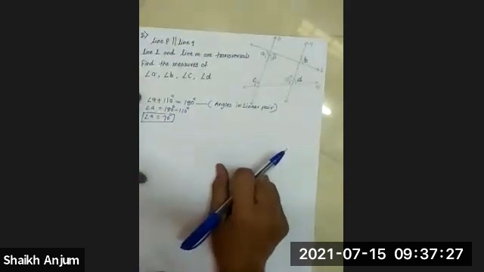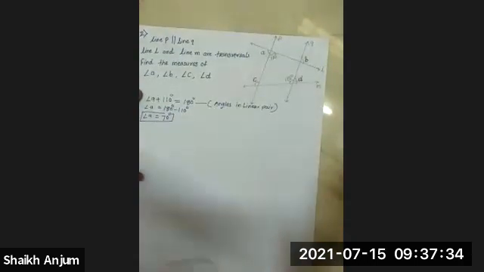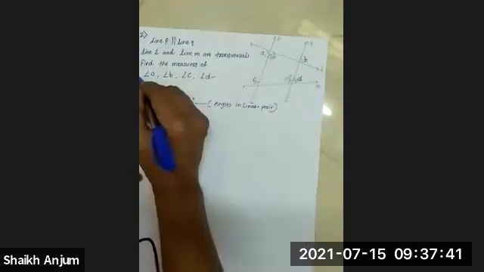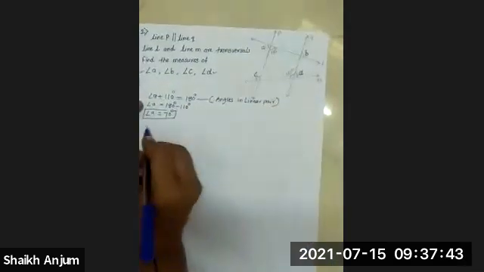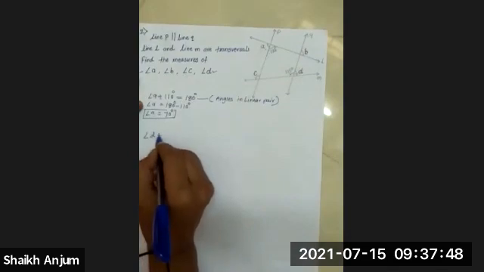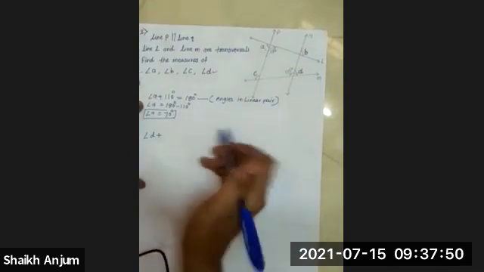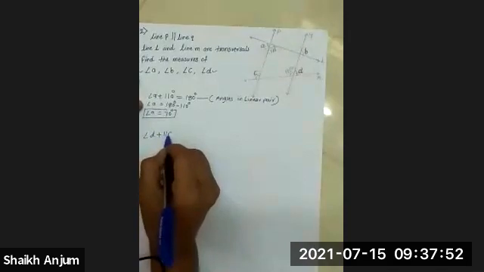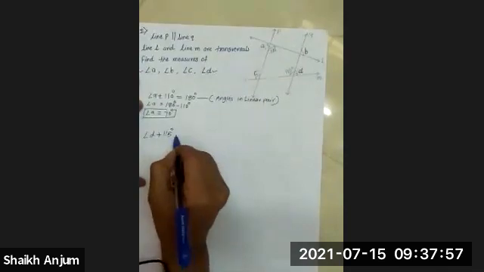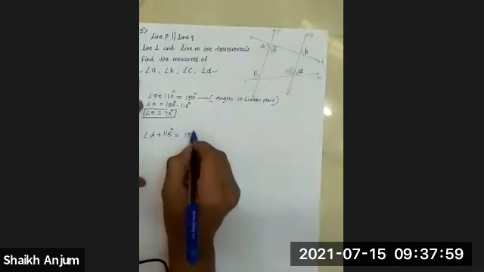Now for the second one, we will find D. That is easy. Angle D plus, by the same method, plus 115 degree is equal to 180 degree.